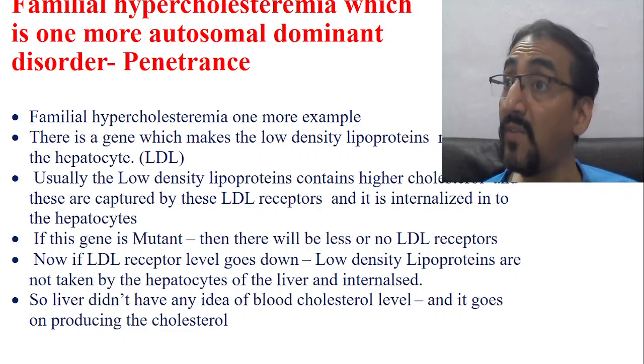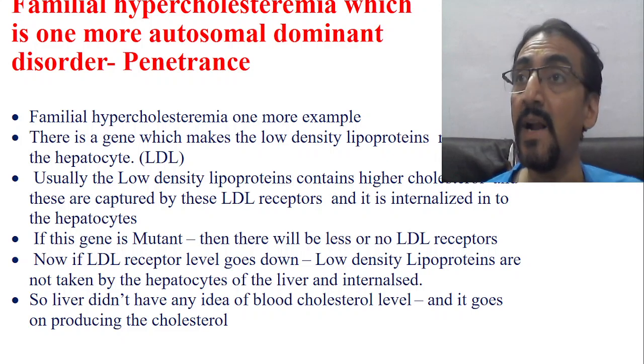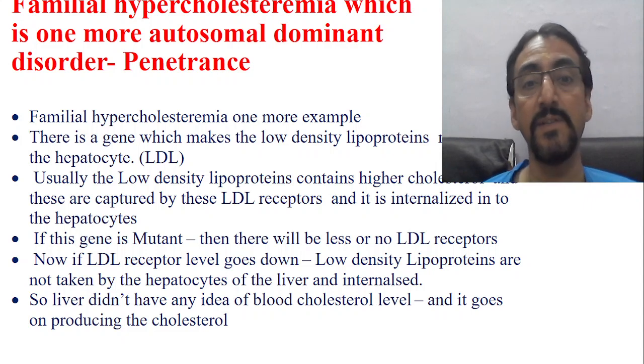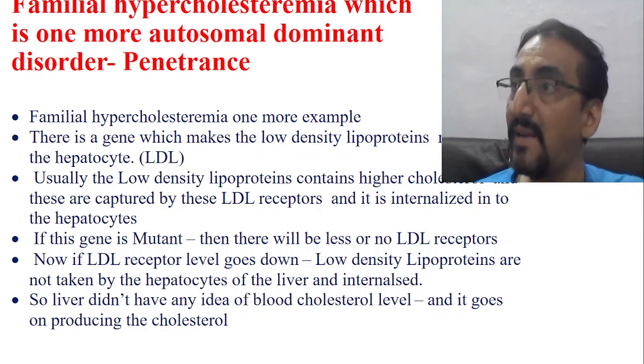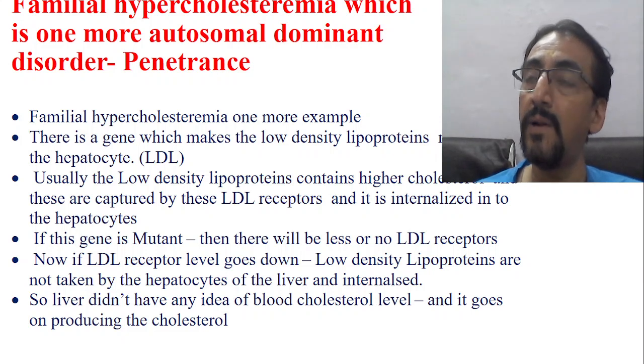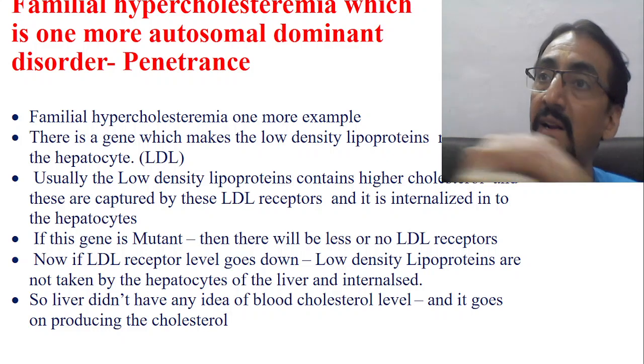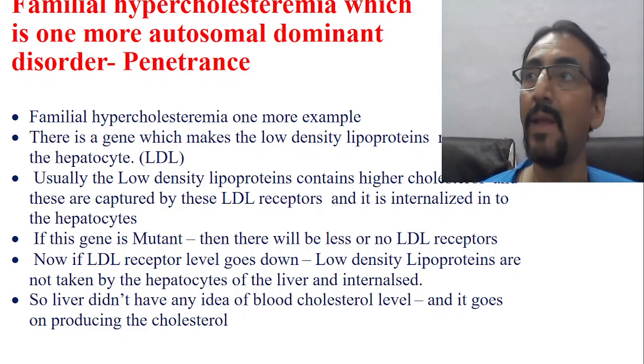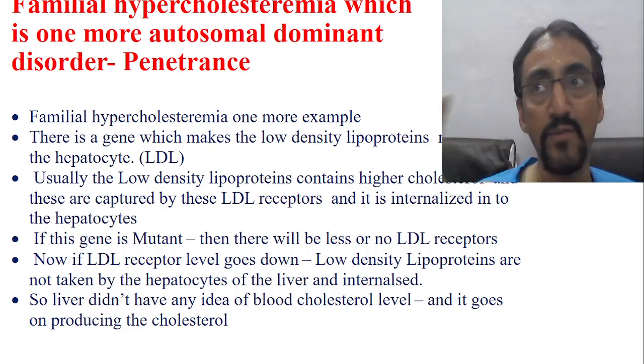The low density lipoproteins circulating in the blood will be captured by these receptors and bind to them. After binding to the LDL receptors, these low density lipoproteins are internalized into the liver, into the hepatocytes.